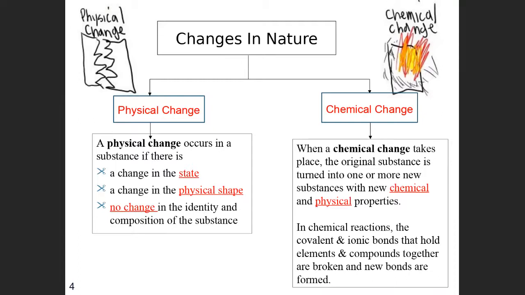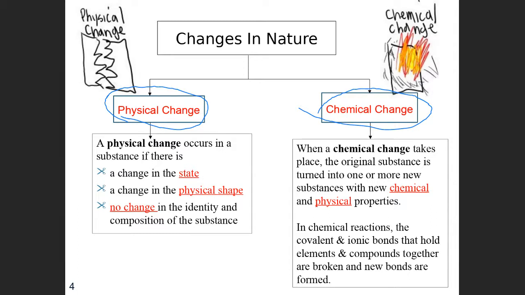We will differentiate between the meaning of physical change and chemical change. In a simple word, if I have a matter and it has been changed, but the identity of the matter is the same, then what happened is only a physical change.